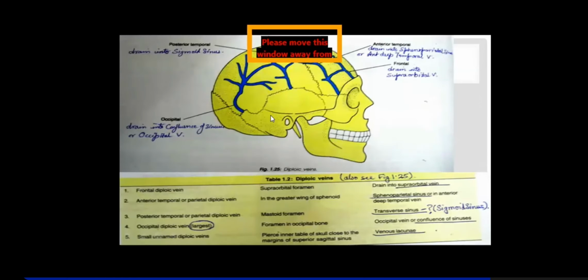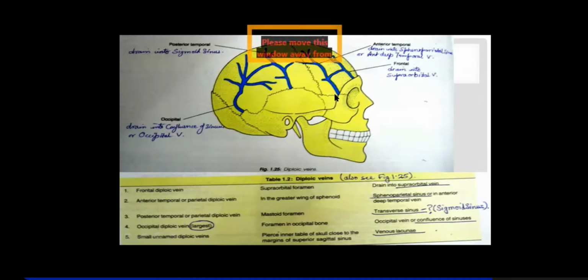Okay, so look at this diagram here: these are the frontal diploic, these are anterior temporal, these ones are posterior temporal, and the occipital diploic veins. So the frontal drains into the supraorbital; this generally drains outside the skull, while the anterior temporal drains into the sphenoparietal sinus.